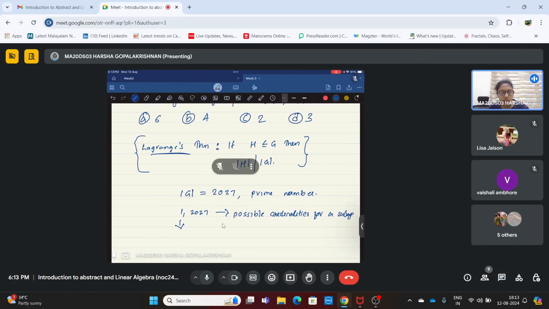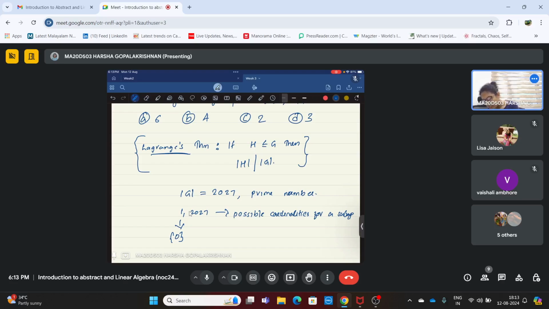The subgroup with cardinality 1 is the identity subgroup, right? I am taking just the identity. It is a subgroup of Z_2027. What is the identity here? The 0. Just the identity element. It is a subgroup, right?